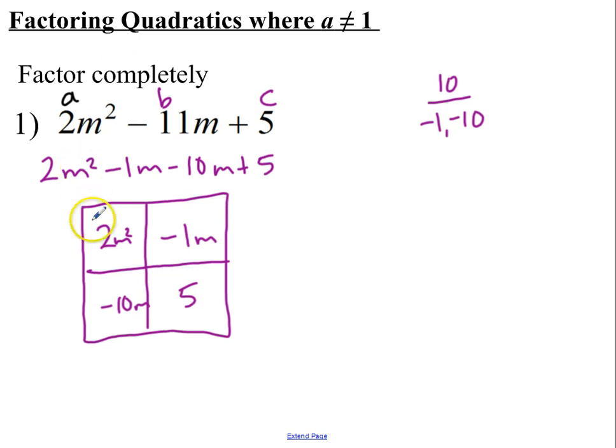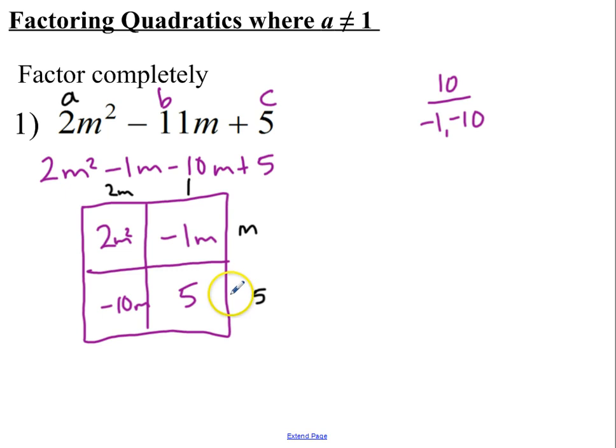Now I just have to find the GCF, the greatest common factor, of these two terms. Of course, that would be 2m. And the greatest common factor of those terms? They don't really have one other than 1, so I'm just going to write a 1. I'm not sure if it's a positive or negative 1 for a minute, so I'm just going to leave it as a 1. The greatest common factor right here would just be an m, and the greatest common factor right here would be a 5.